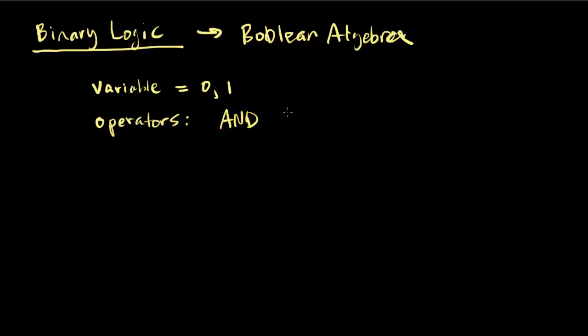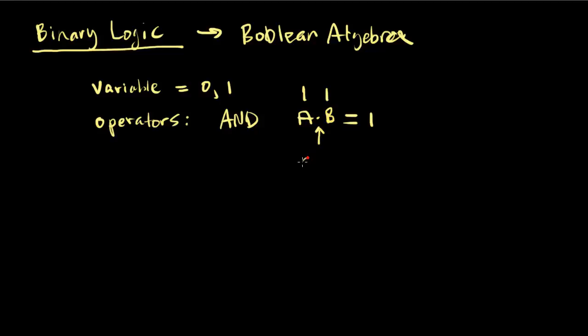Okay? So if you have two variables A and B, you can do A, this little dot here, sometimes people omit it. This would be A and B. Okay? So if it's 1 and 1, it would be the same as multiplying, 1 times 1 is 1. If A is 1 and B is 1, okay?